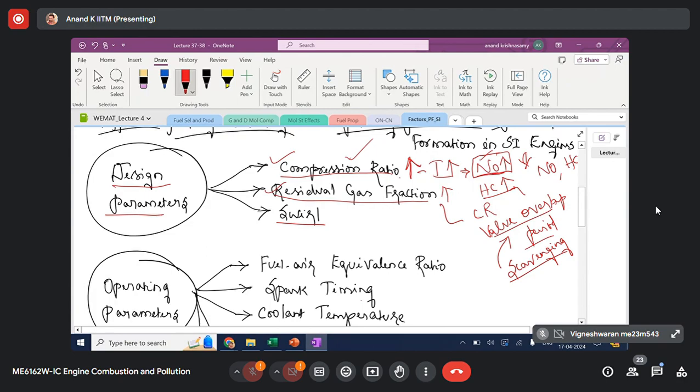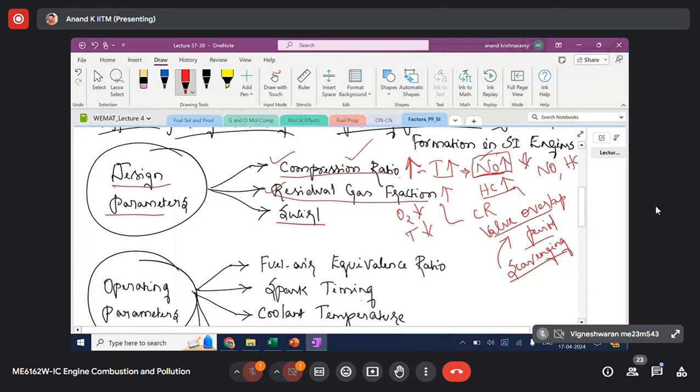When you retain more combustion products inside the cylinder, there are two important effects we discussed. One is the oxygen level in the cylinder will come down. Since the exhaust is remaining in the cylinder, the fresh mixture volume will get reduced, thereby the oxygen concentration in the cylinder will get reduced. The second important effect is the temperature in the cylinder is going to come down.